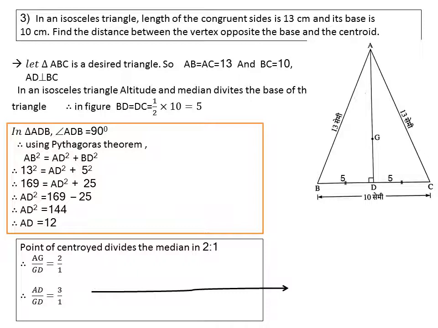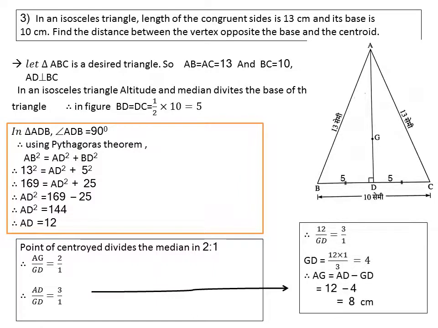That means AD will have 3 parts total. So you can write here AD upon GD is equal to 3 upon 1. Now after solving, we get values of AD is 12, GD to find, and 3 upon 1. After cross multiplication, we get GD is equal to 12 into 1 upon 3, that is equal to 4.